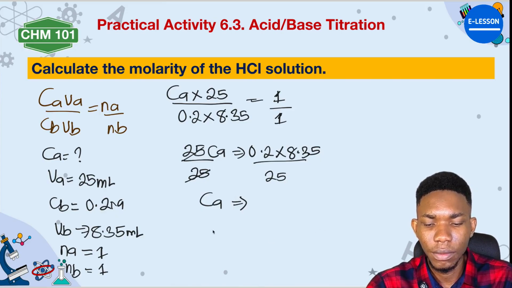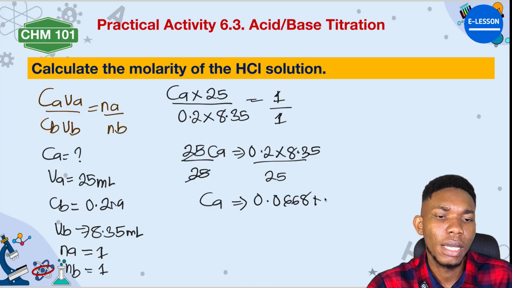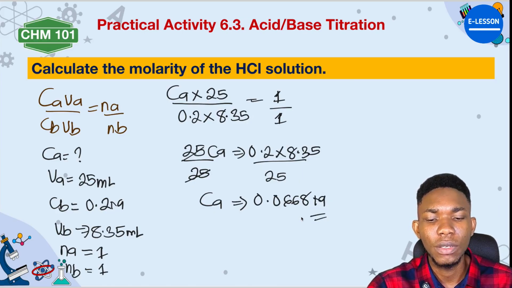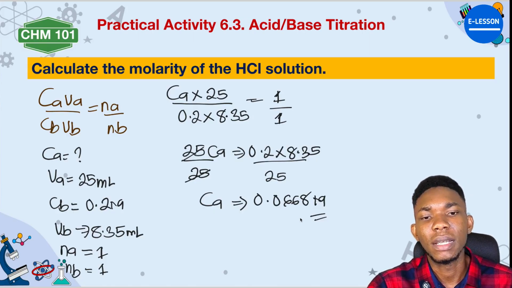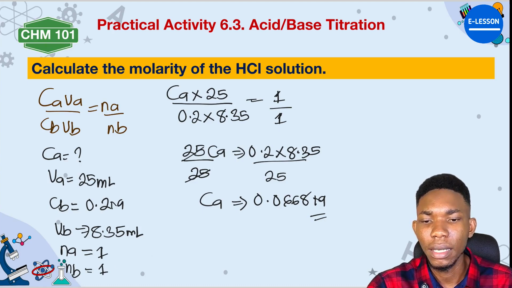So 1.67 divided by 25, my dear student, gives us 0.0668 molar. That is our Ca, 0.0668 molar. Is that understood? That is the answer to our Ca.